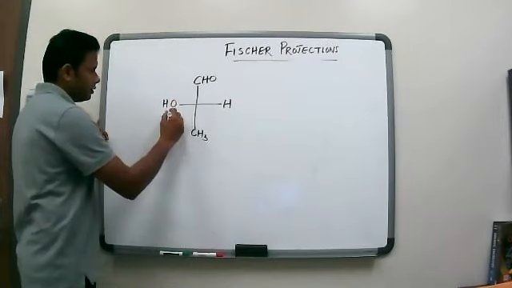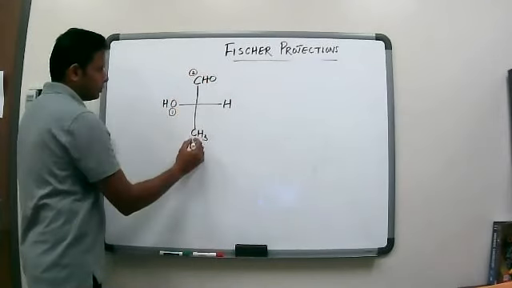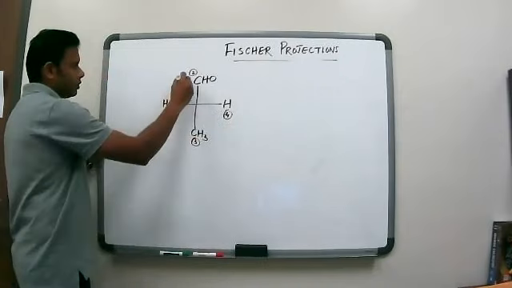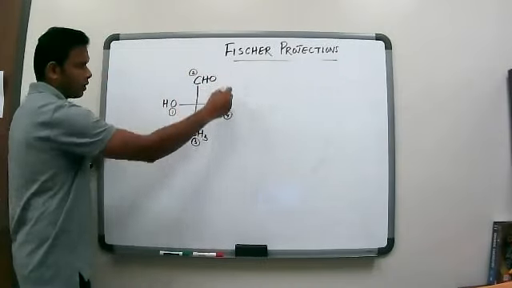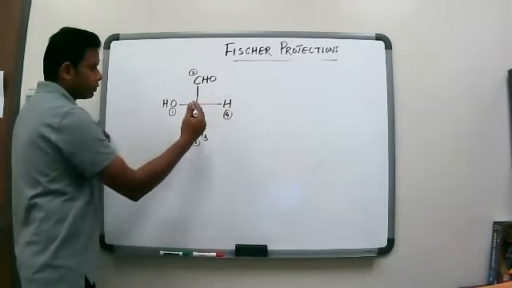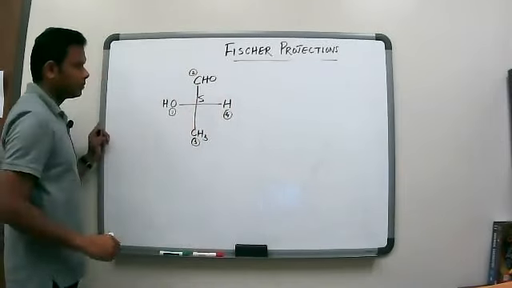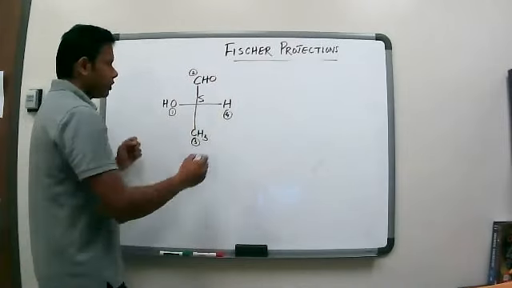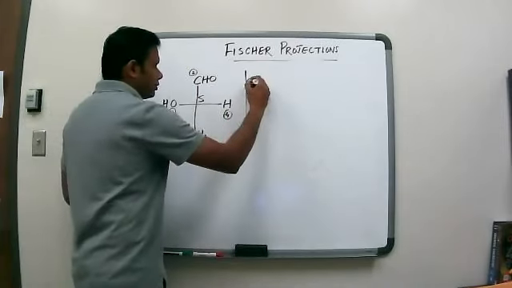So we had 1, 2, 3, and 4. 1, 2, 3 is clockwise, but hydrogen is on a wedge, so this is S. Now, if I have to draw an enantiomer for this molecule, it's really easy.